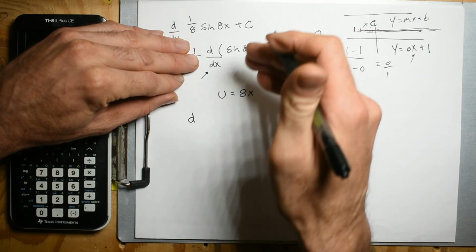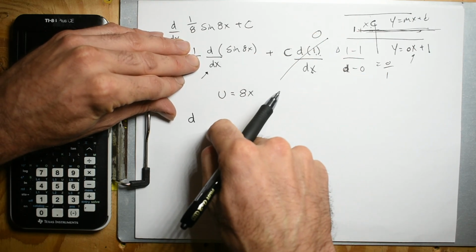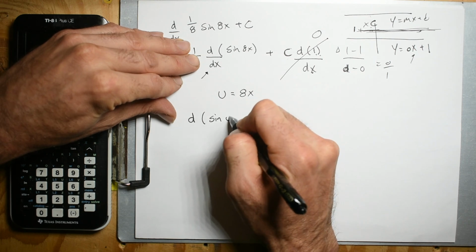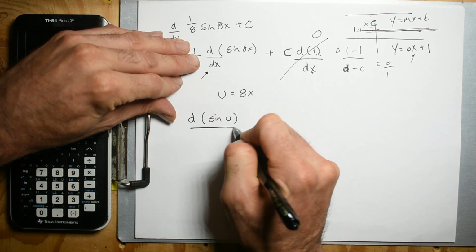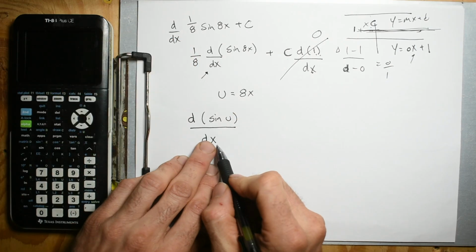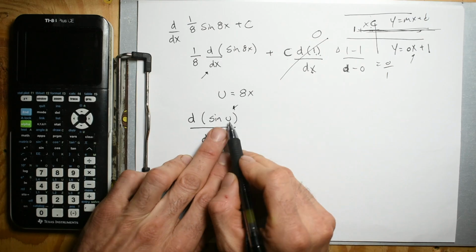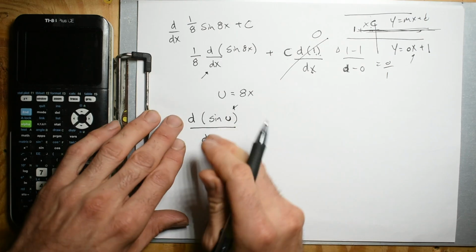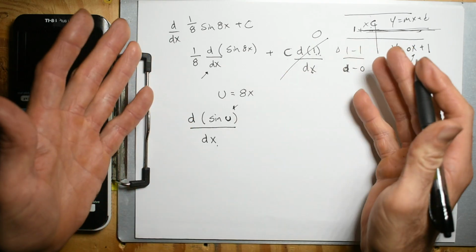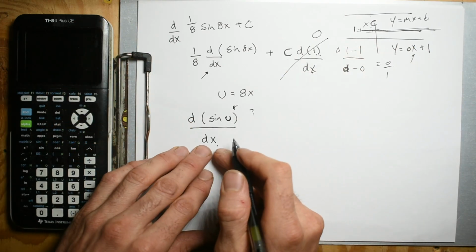At least I can explain it better from the derivative perspective. So when I put sine of u here, and then we take the derivative as we change x, like, hey, I'm changing x, but I don't know what's going on with this u. And so the change in this formula, I don't know. Big question mark as I change x.